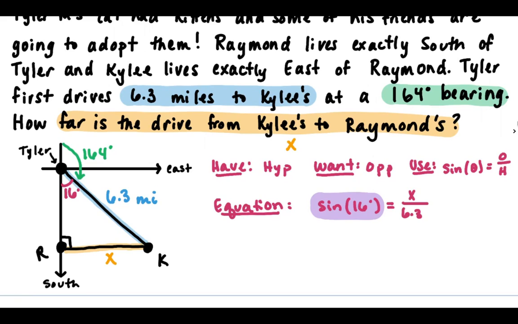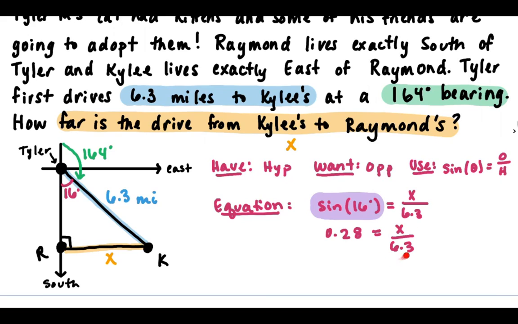So punch in 16 and then hit the sine button. Make sure you just have regular sine. And we get 0.275. Since that third decimal is a 5, we're going to bump the 7 up when we round to 0.28. Okay, so 0.28 is x over 6.3.